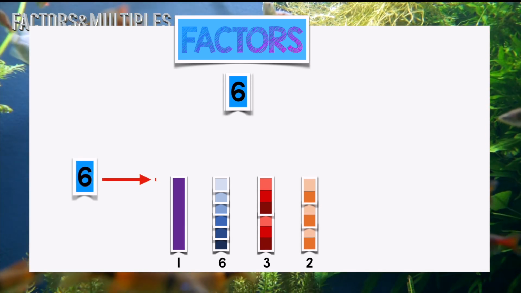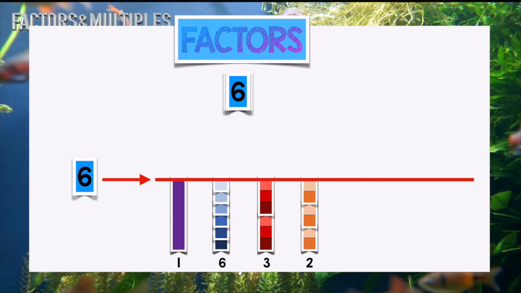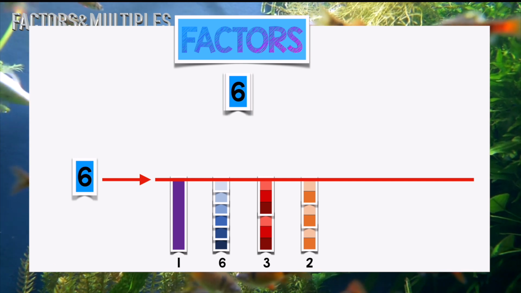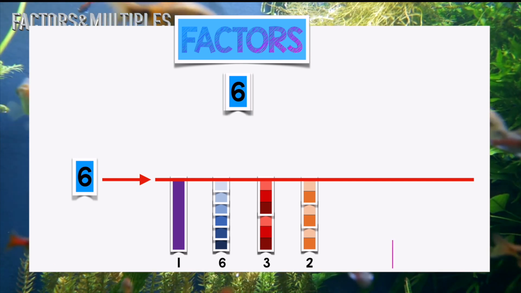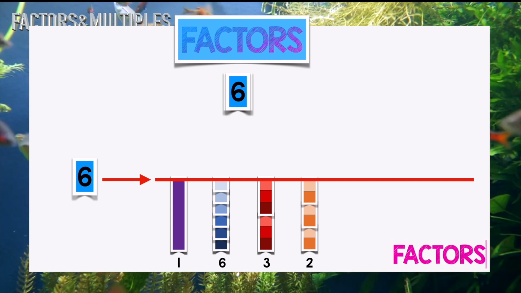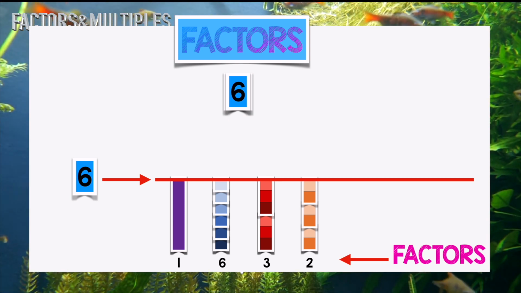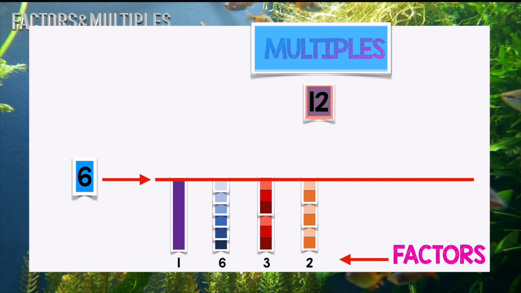So if we were to draw a line over this point here, you could think of this as like roots of a tree. What makes 6? So these down here are your factors: 1, 6, 3 and 2. Now everything above the line is going to be your multiples. So let's take, for example, another number.